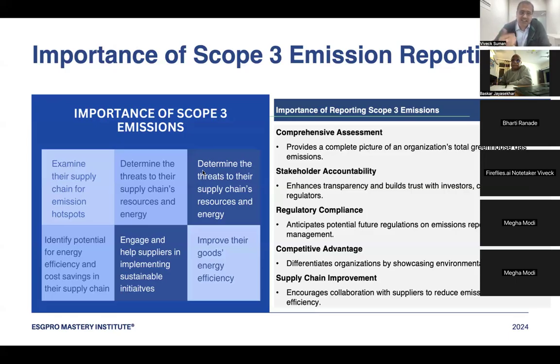Then, of course, identifying the potential for energy efficiency and cost saving. If possible, you can guide those supply chain providers who are using very old generators, very old conveyors. Help them to replace them, bring the new technology, invest in the capital goods with them rather than just waiting and getting the excessive carbon emission. Are you with me? They are using normal bulbs.